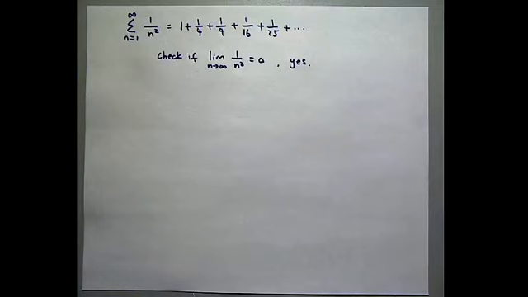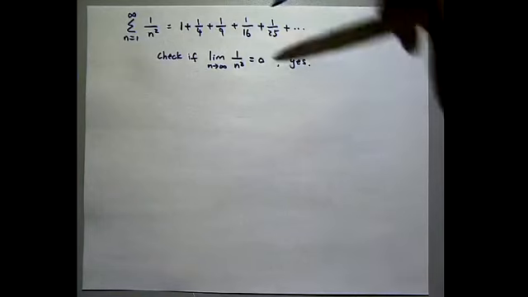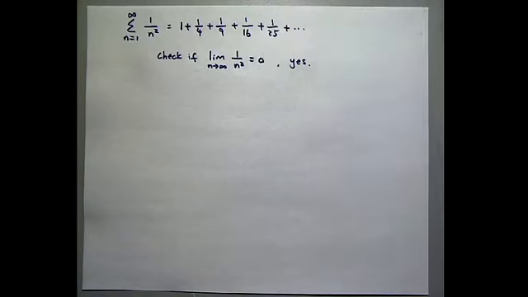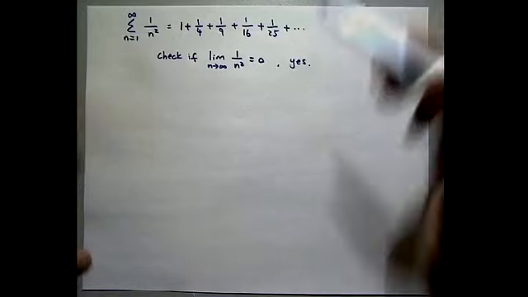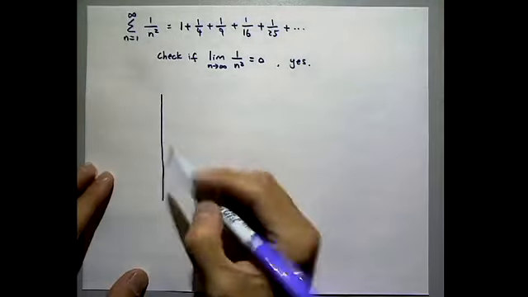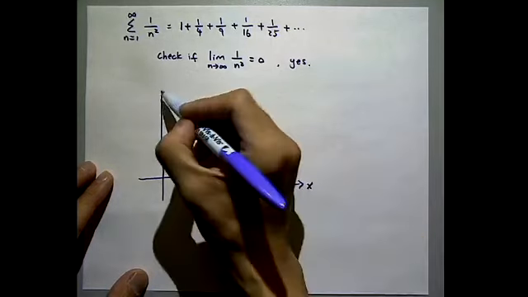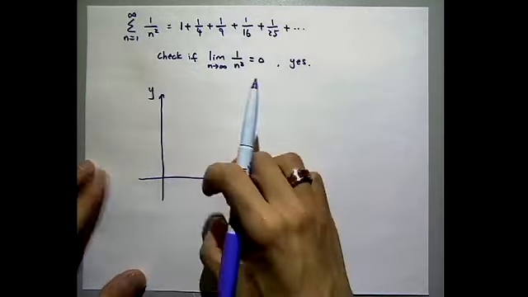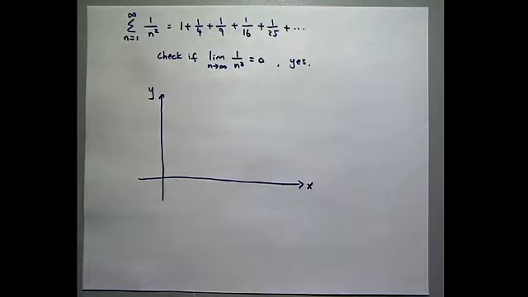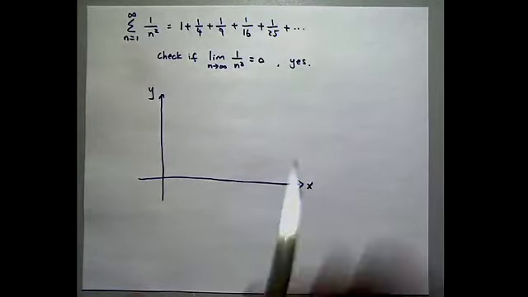It still may diverge. Think about the harmonic series. The harmonic series has this going on, but it diverges, right? Now let's look at this series here. I'm going to graph this in this way.